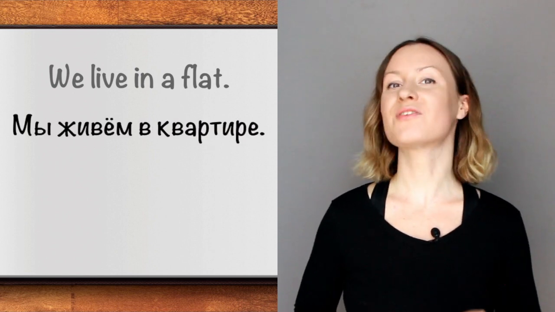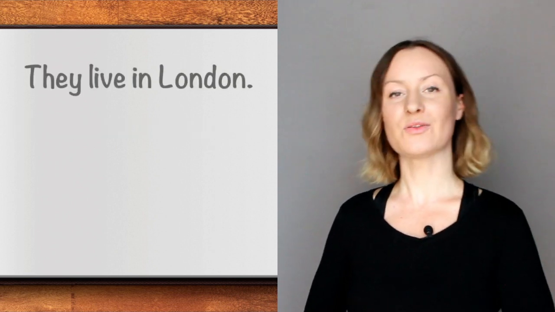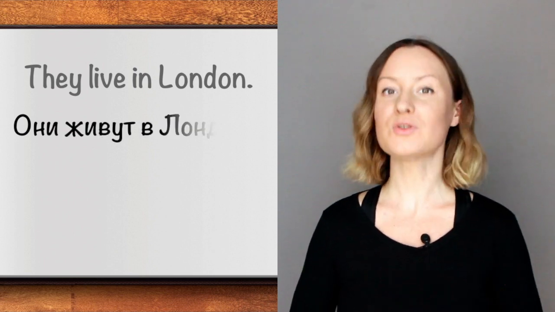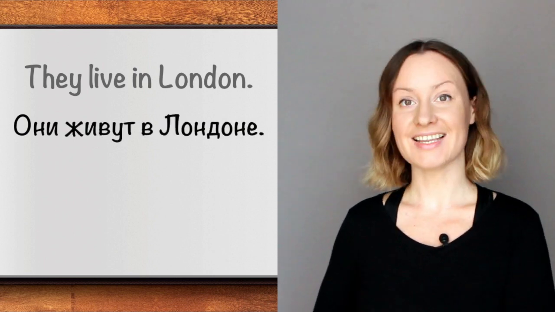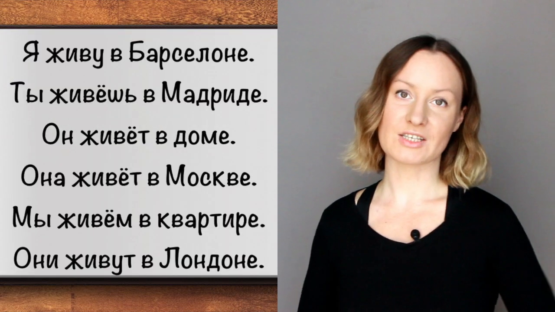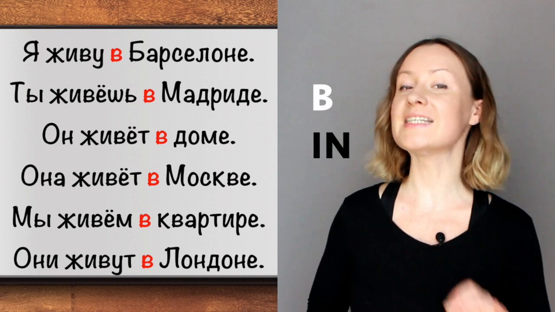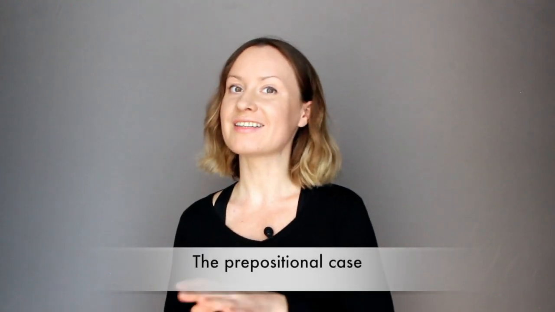And they live in London, it would be они живут в Лондоне. Okay, of all these phrases, what do we see in common? Yes, the preposition в. В means in. And if you use the preposition в in Russian, after that you have to use a different case. It's prepositional case.